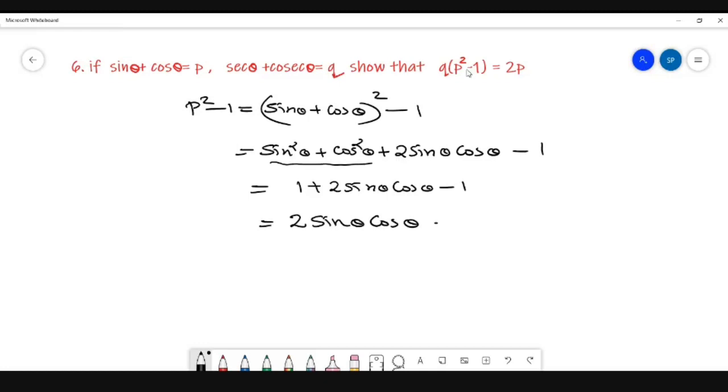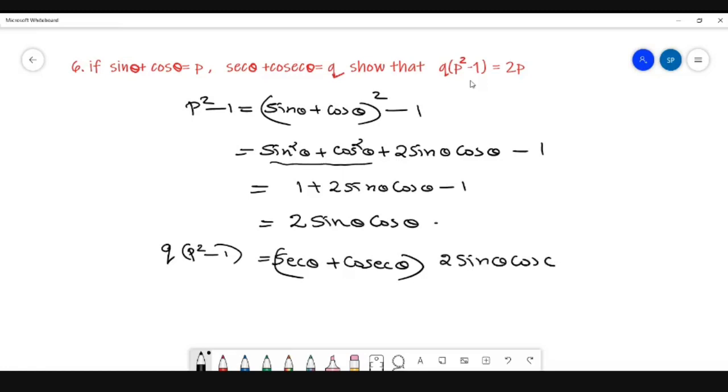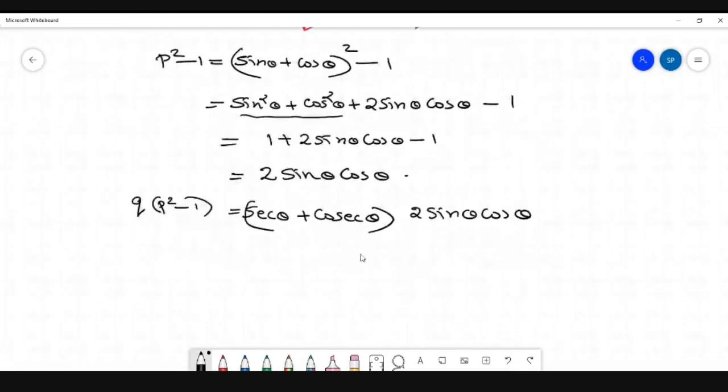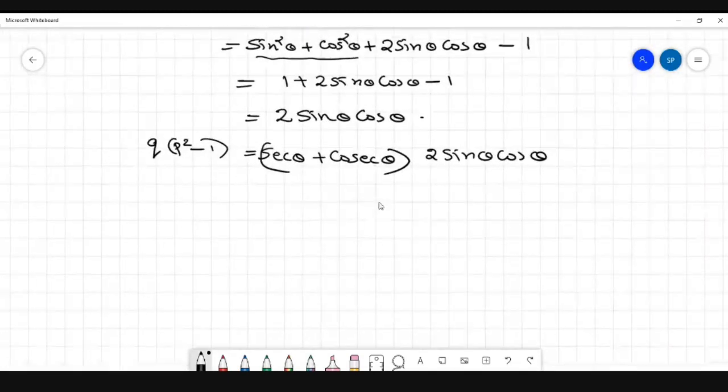Now let us see what is q into p square minus 1. We have q into p square minus 1, q we know it is sec theta plus cosec theta, into 2 into sin theta into cos theta, because p square minus 1 we simplified to 2 sin theta into cos theta.